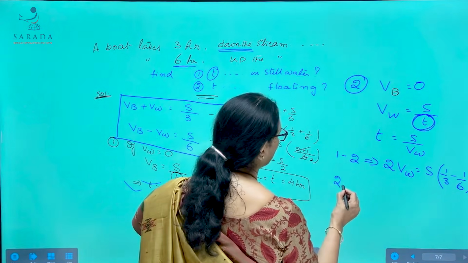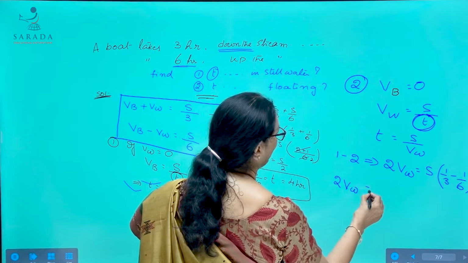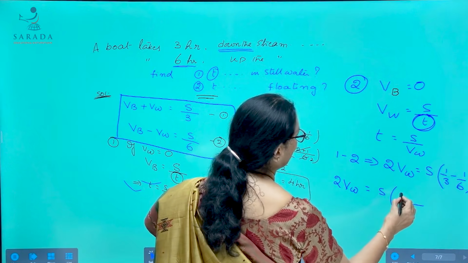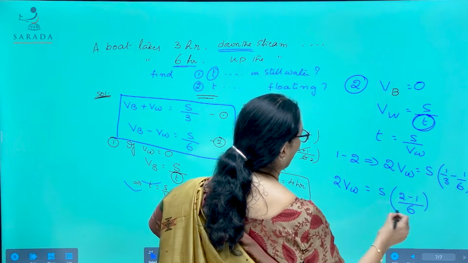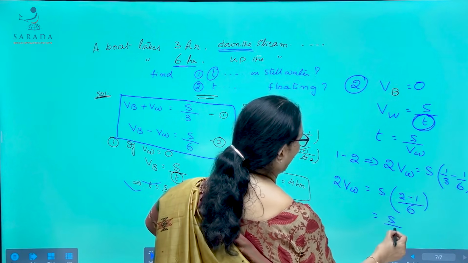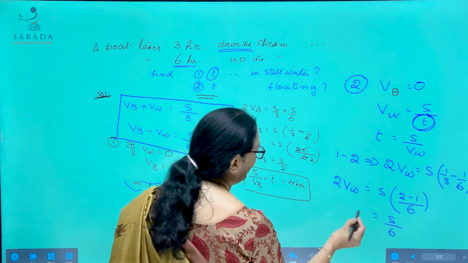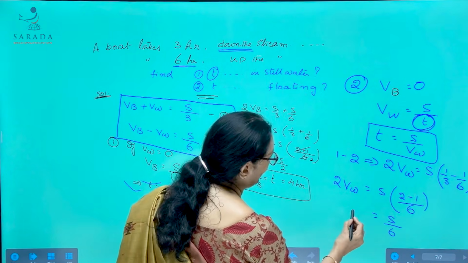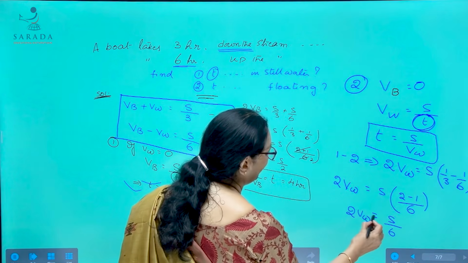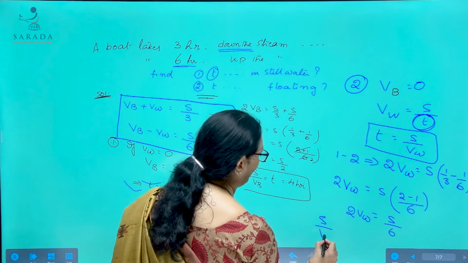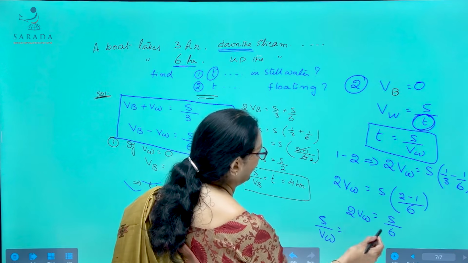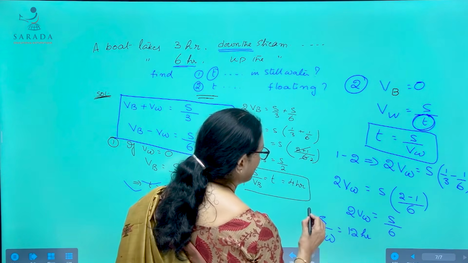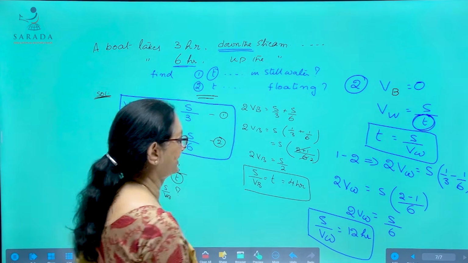This implies 2VW is equal to S into, if you take 6 as LCM, 2 minus 1, that is S by 6. And we want T, which is equal to S by VW. So, from this, S by VW is equal to 2 sixes are 12 hours. So, this is the answer.